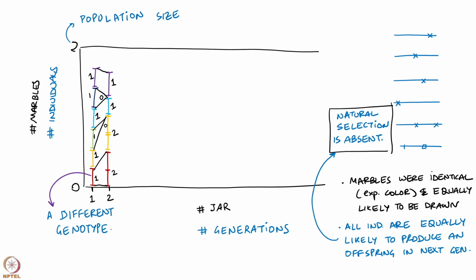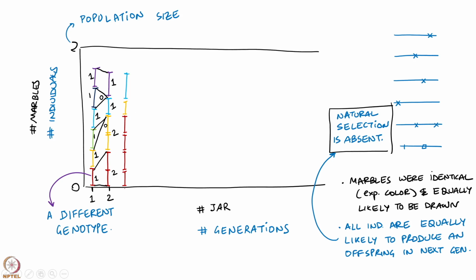As we move forward in time, let us do a few more manifestations of this. Let us imagine that in the next generation, red increases to 4, orange is at 1, and light blue is also at 1.